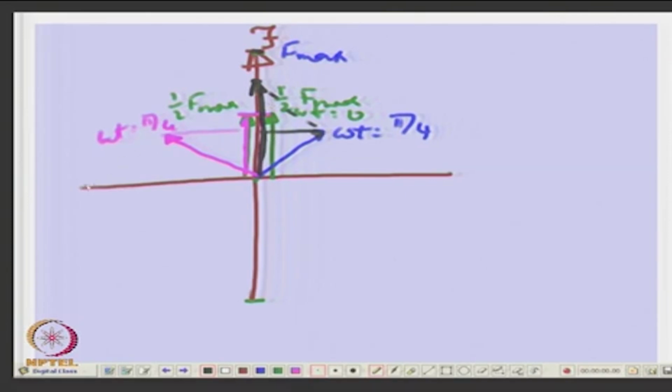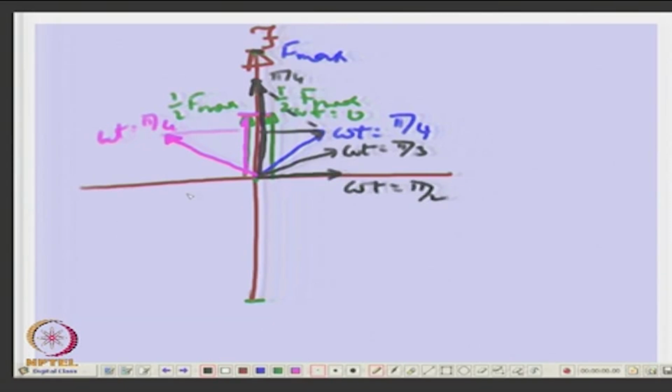F max by root 2? Okay. So, at 45 degrees it is f max by root 2, 1.4 or something like that. Then you can also try at 60 degrees, pi by 3, and then you come to omega t equal to pi by 2.